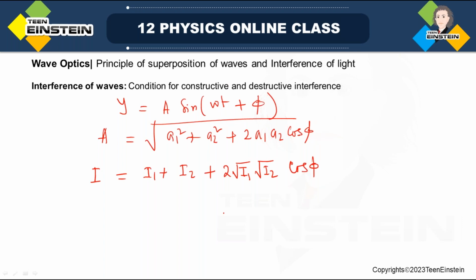You can see here, these are the intensities of the individual waves. This is for wave 1, this is for wave 2. Now this is the overlap term.